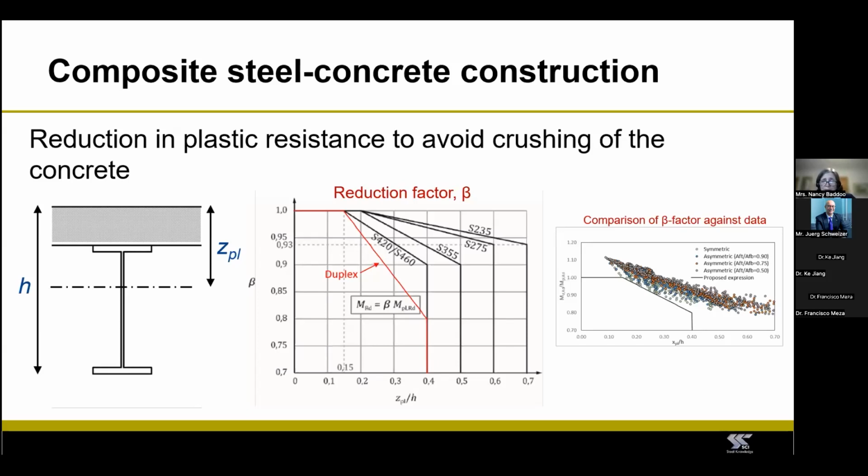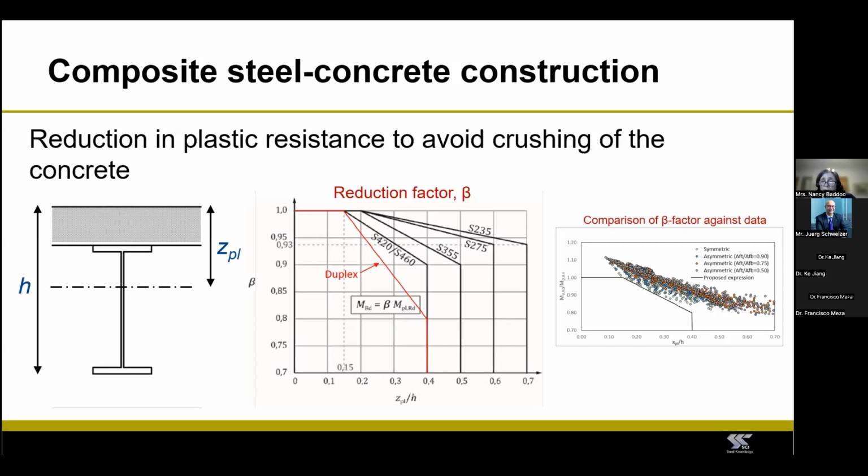And we have been busy deriving appropriate beta factors simply by comparing what the actual stress strain distribution for the steel and the concrete would be and dividing it by the plastic resistance obtained assuming the stress blocks. So there's more scatter than you'd expect with carbon steel because the model is just less suitable for stainless steel.